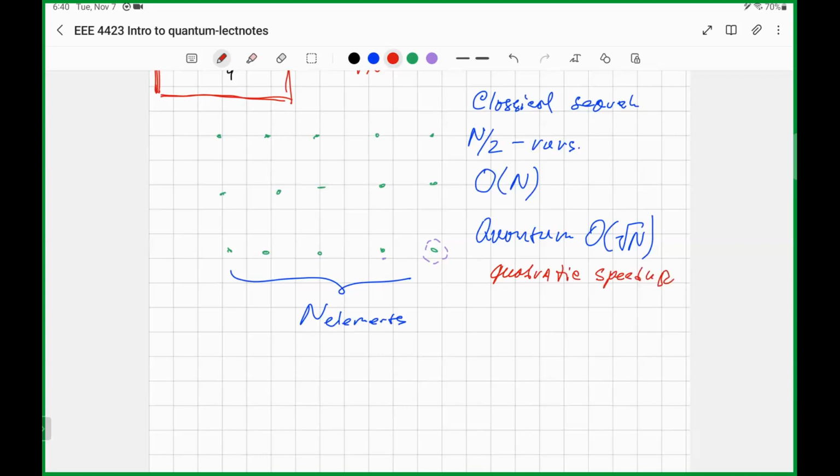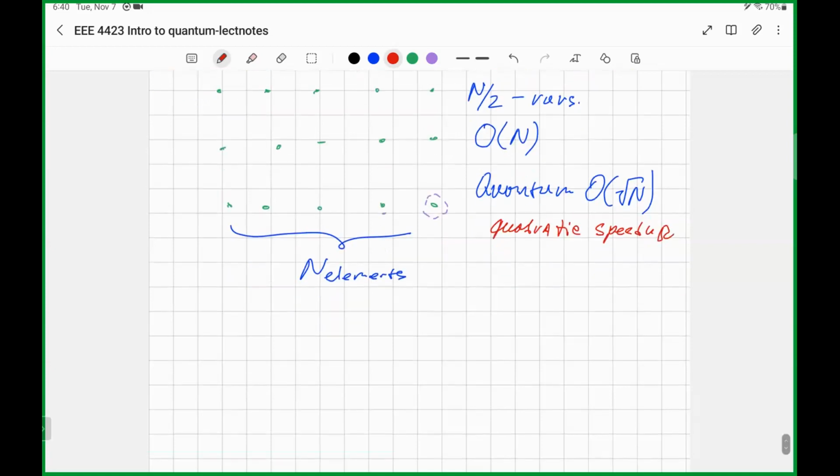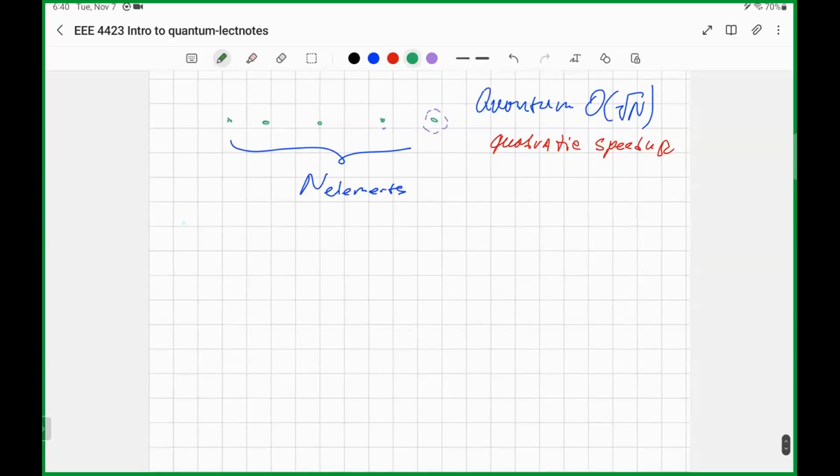So for example, for a number of elements of 100, which is very small, right? Classic would require about 50 runs, but quantum requires 10, which is not that significant improvement.